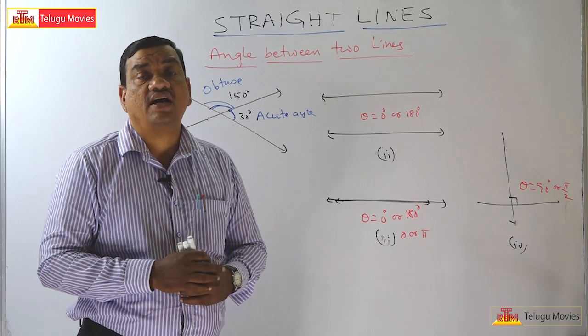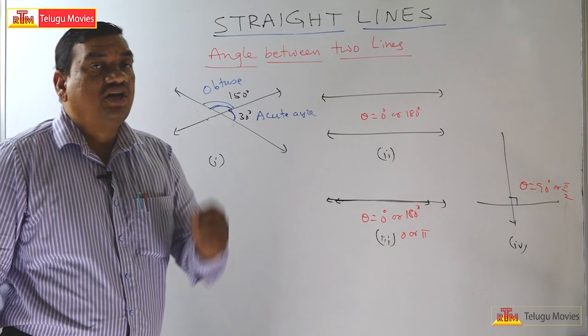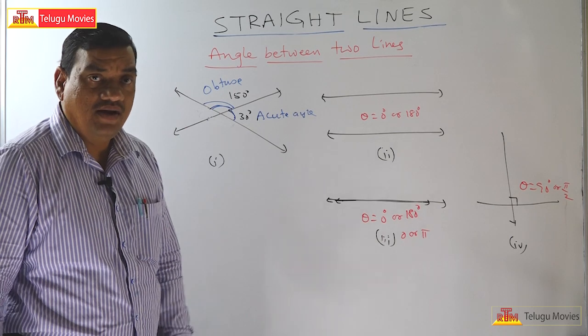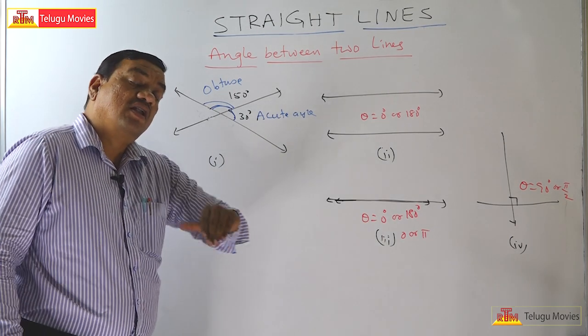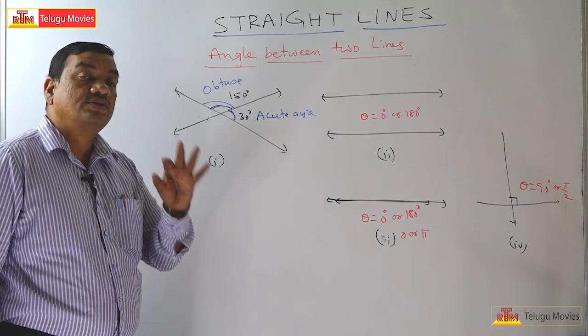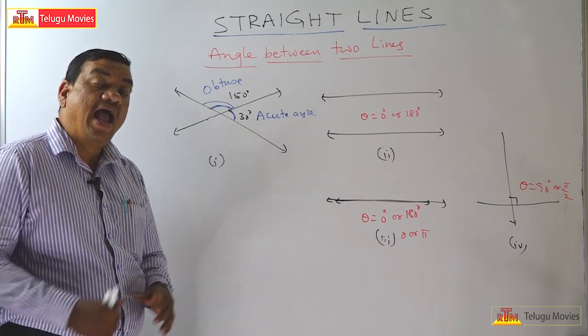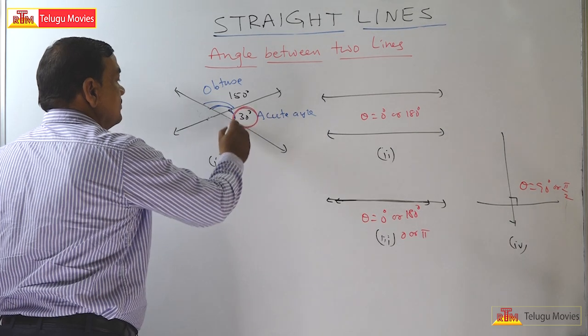The question is clear. If they mention clearly, find the acute angle between the lines, then it is clear. If they have not mentioned it, always remember, the angle between two lines means the acute angle only.